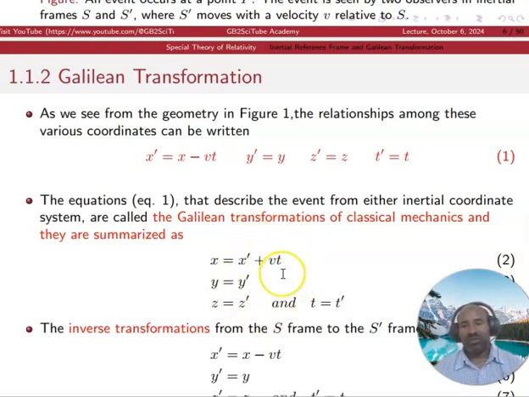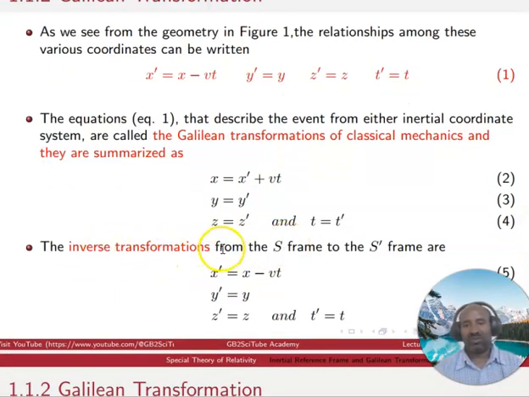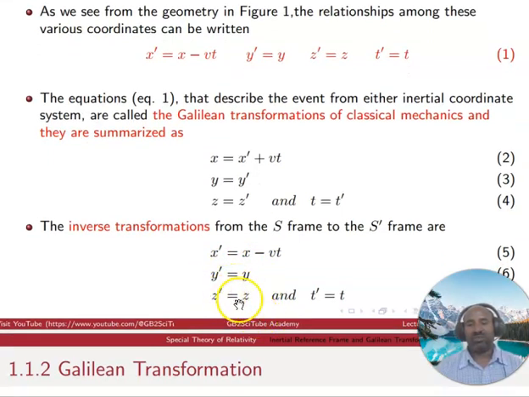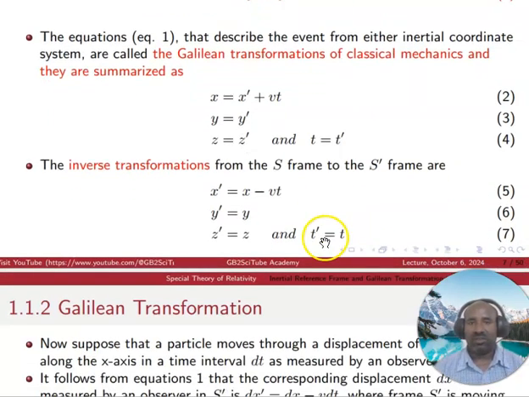But if you reverse the case, that means if you want to see the inverse transformation, you can apply this. The position of an event in the moving reference frame with respect to the stationary one is x prime equals x minus vt, and y prime is the same as y, z prime is the same as z, and t prime is the same as t.